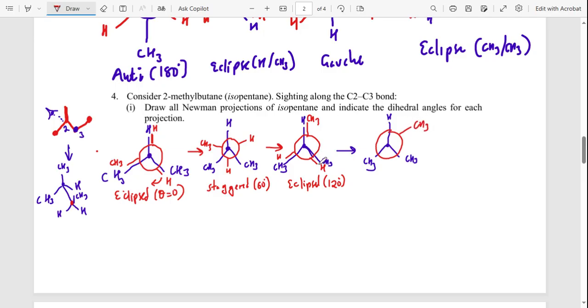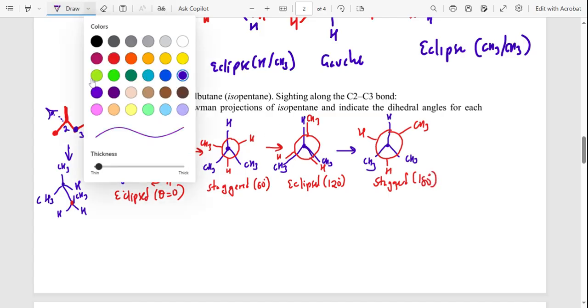And then this hydrogen that you can see in red with the CH3 will now come here. The hydrogen again here will now go there. This is still a staggered configuration, and it's still gauche because we have this CH3 next to each other. But now we have done another 60-degree rotation, so this is now at 180 degrees.